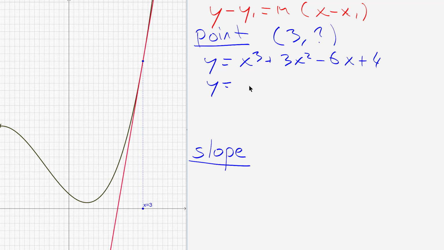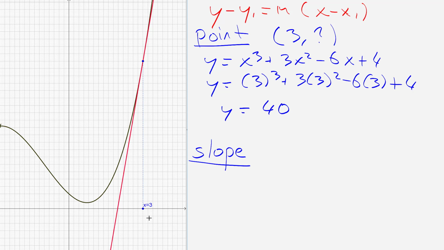So y is equal to 3 cubed plus 3 times 3 squared minus 6 times 3 plus 4. Working through that, we get y is 40. So we fill in our x value of 3 and we got the corresponding output y value, y is 40. Therefore, this is the point (3, 40).